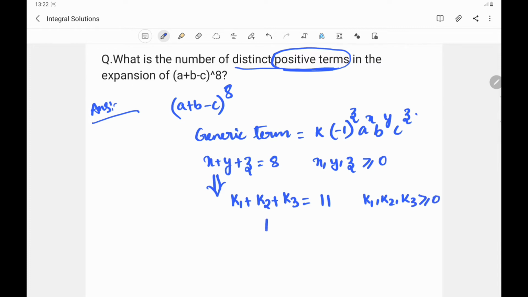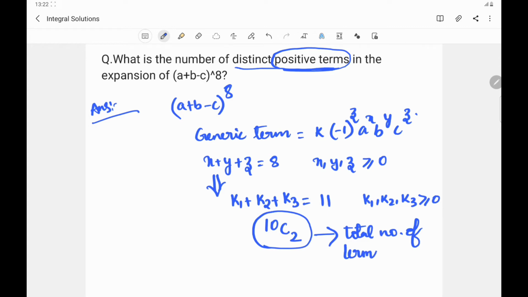So we will have 10 gaps, out of which I'll select 2. This will give me the total number of terms in the expansion. But we are asked to find the number of distinct positive terms.